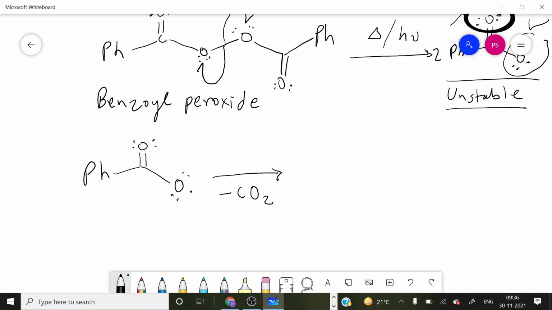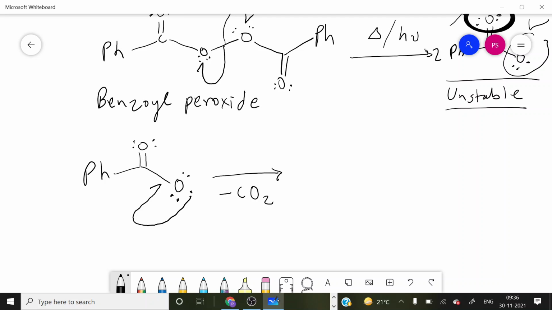So how will you remove this carbon dioxide? Just by forming another carbon oxygen double bond. One electron is already here from oxygen, so I am going to shift this single electron from oxygen towards in between carbon and oxygen.